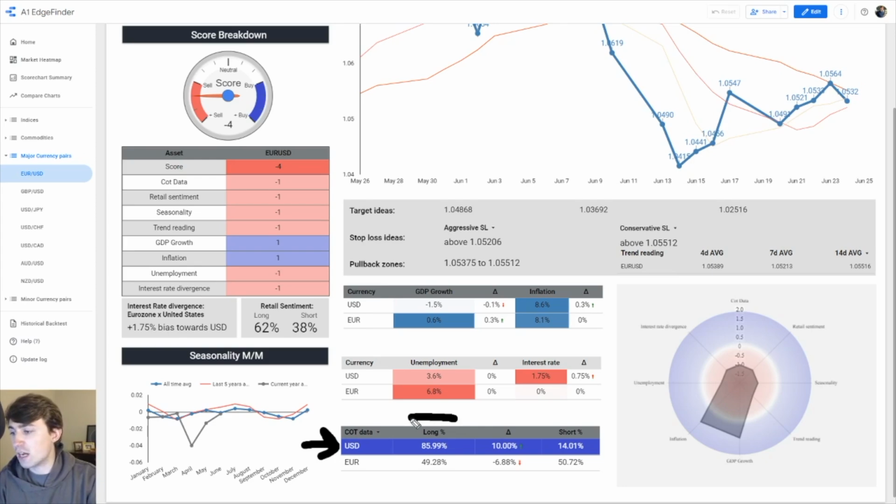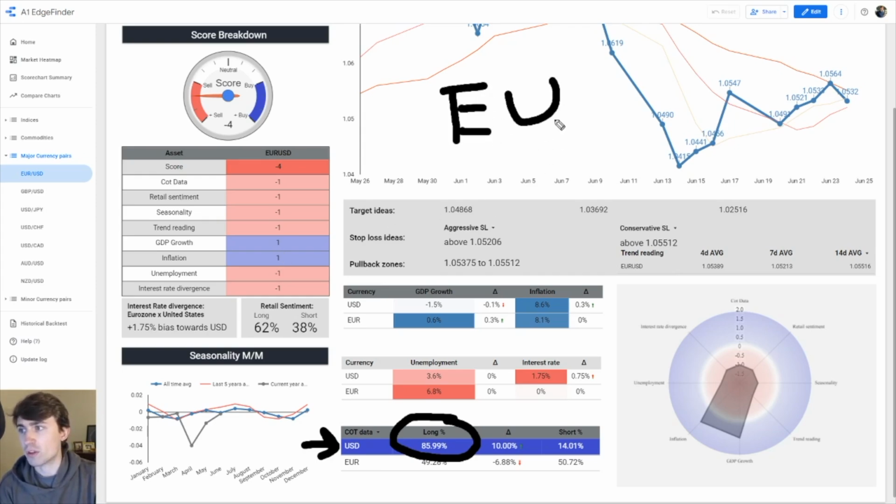And we can see that the dollar at the time of recording this is 86% long, essentially, from positions open on the futures market. That's a massive bias towards smart money buying the dollar and being long on the dollar. And that gives us a bias towards shorting the Euro Dollar, right? If we're looking at EU and we're saying the dollar is very bullish from an institutional perspective, we might want to short the counter currency, or the euro. So something to think about there.